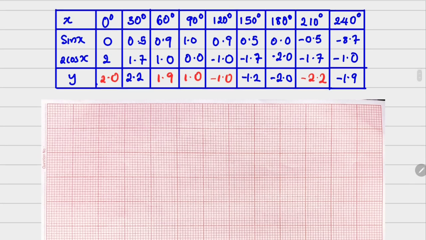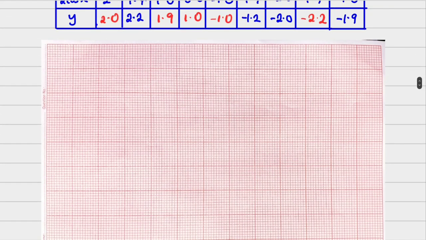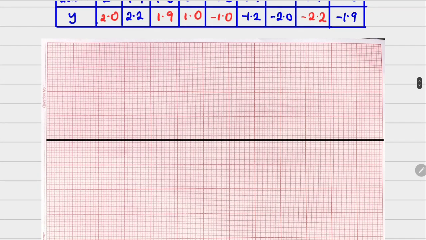Now this is my graph. So I need my x and y axis. I'm gonna get my x and y axis. This is my x axis, and this is my y axis. Make sure you label it so you have the y and you have the x axis.